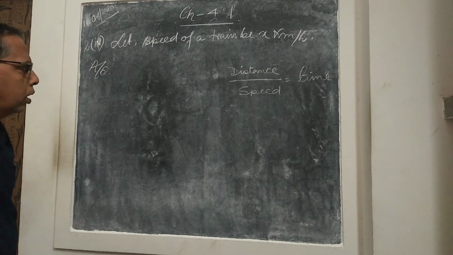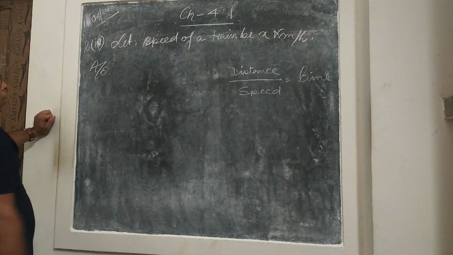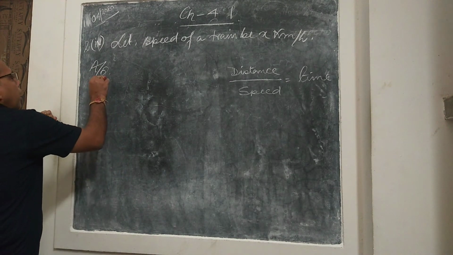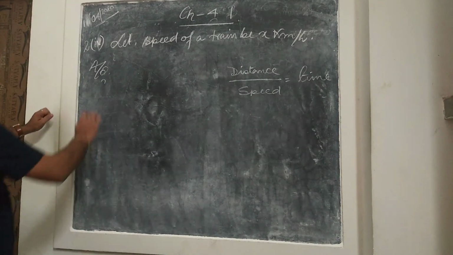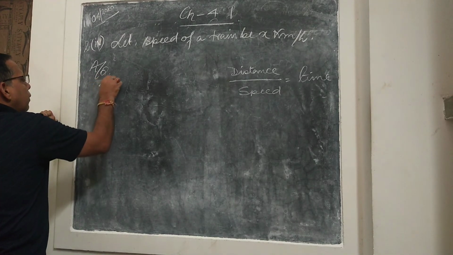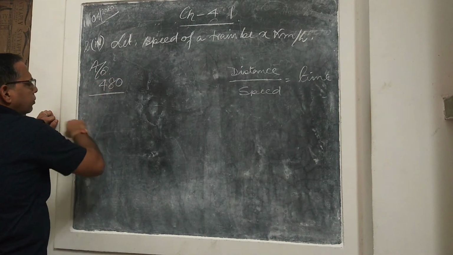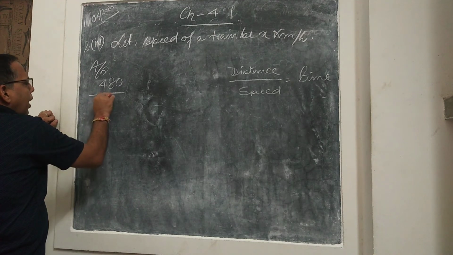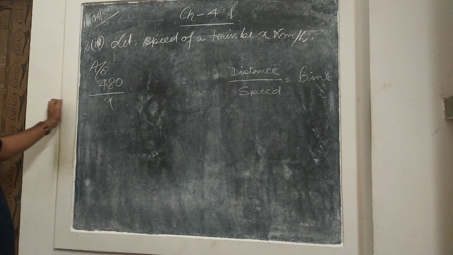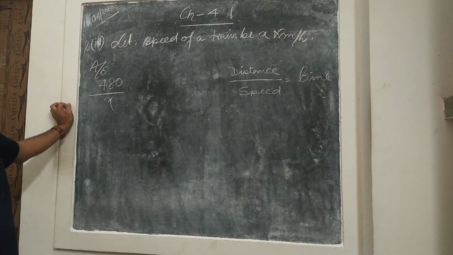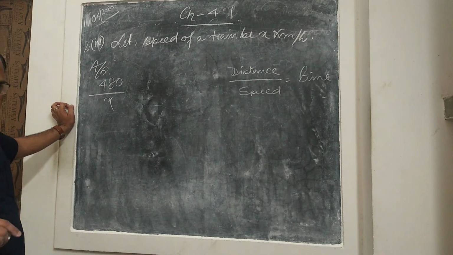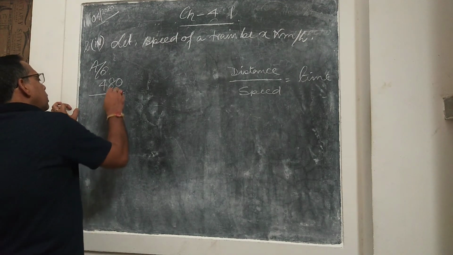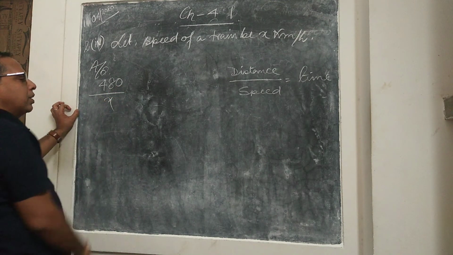So according to the question, the distance is 480, so 480 by x. Now the time will be more or less?